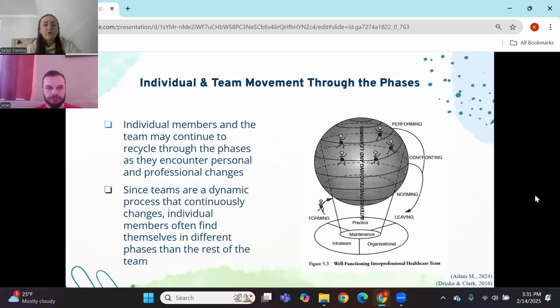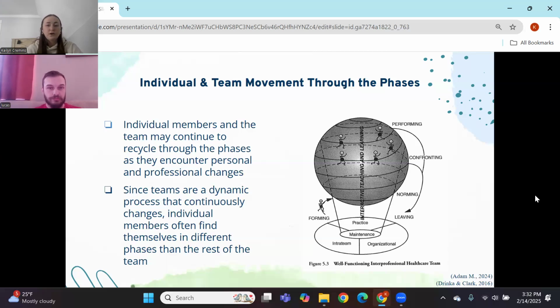And then this picture over to the right is from the textbook, and there are four figures within the textbook that represent various stages of an interprofessional healthcare team. However, this figure is the one that represents a well-functioning team. Each of the little stick figures represents a member of the team as they progress through the phases.